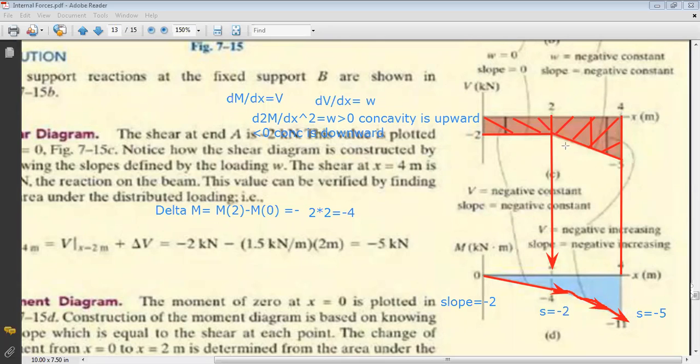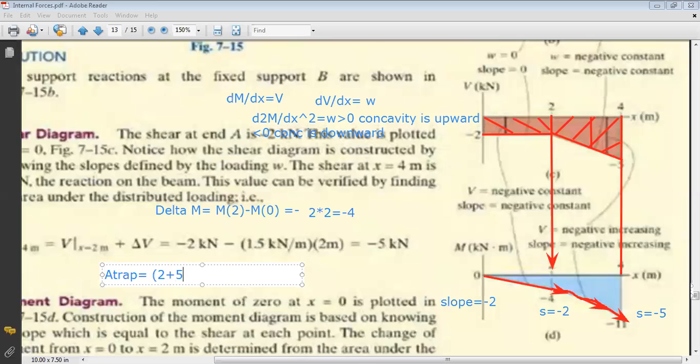So we can say that the area of the trapezoid, so let us write it here. The area of trapezoid is equal to the small base, 2, plus the big base, sorry, 5.